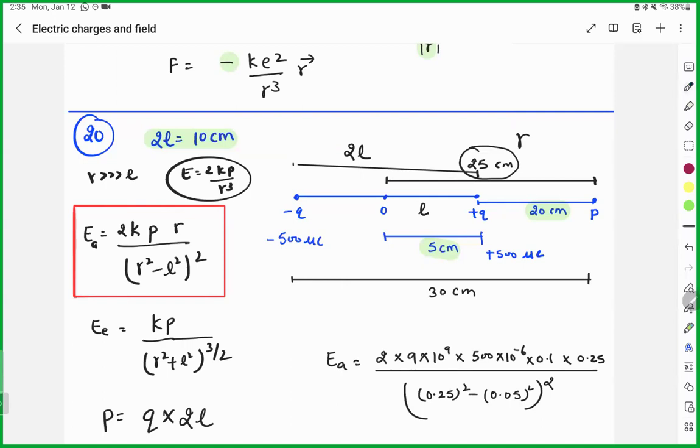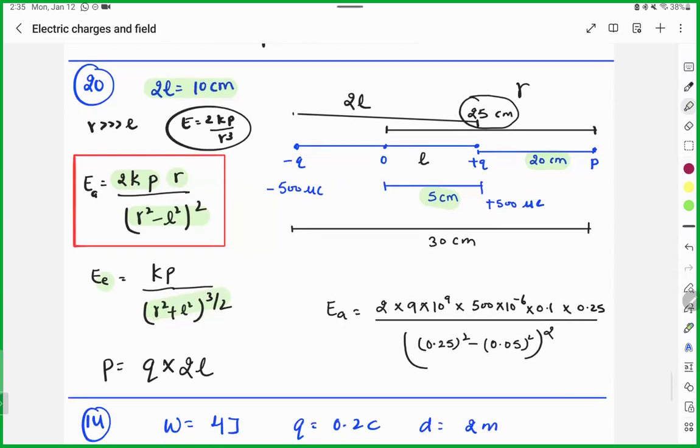Okay. So if this is the situation, you have to apply the real formula, 2kpr by r square minus L square the whole square. And just for comparison, I wrote this: for the equatorial line, the formula is this. Then apply the values, you will get the answer. The value doesn't matter.